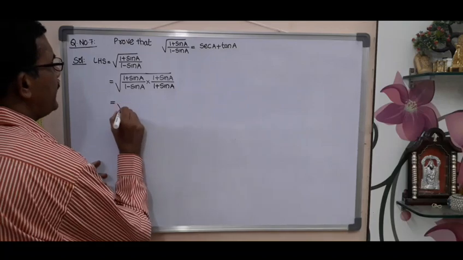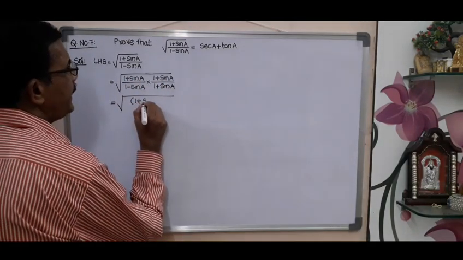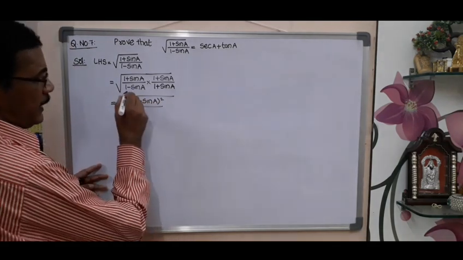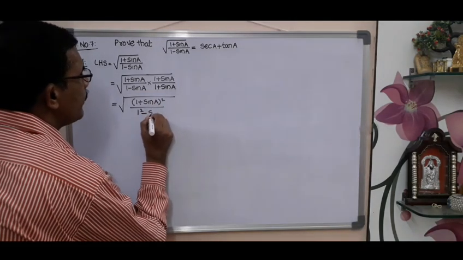Now numerator is 1 plus sin A into 1 plus sin A, 1 plus sin A whole square, by denominator A minus B into A plus B, A square minus B square.